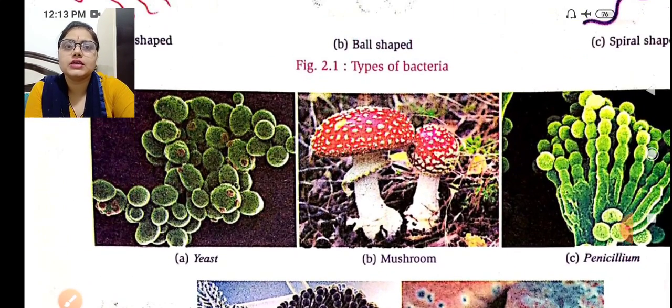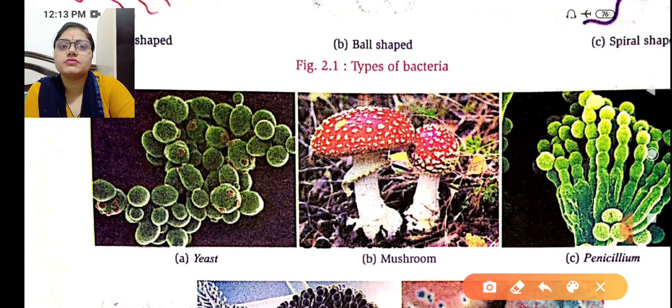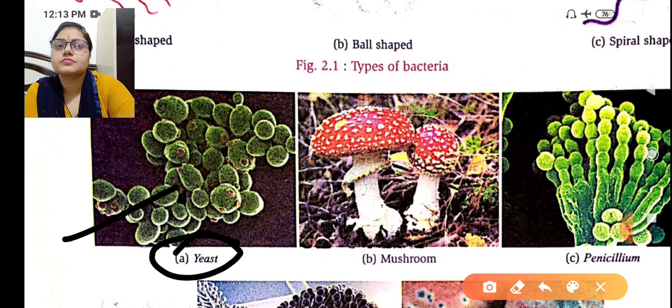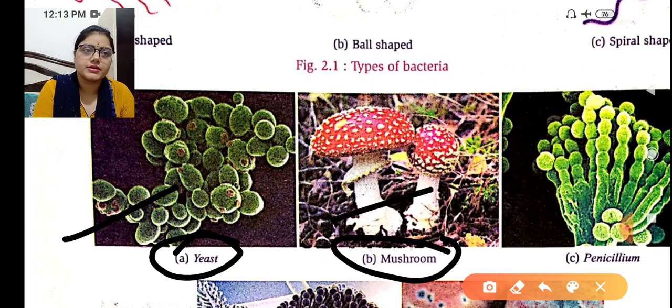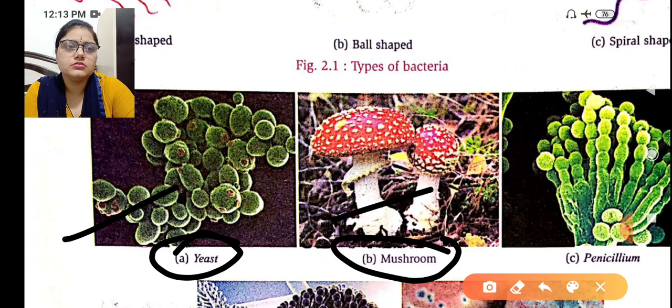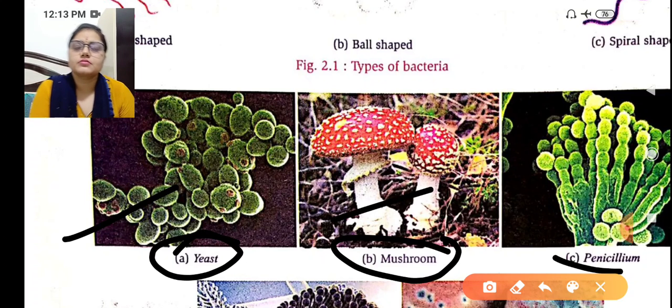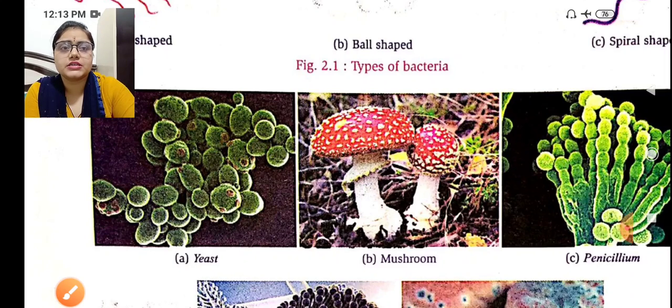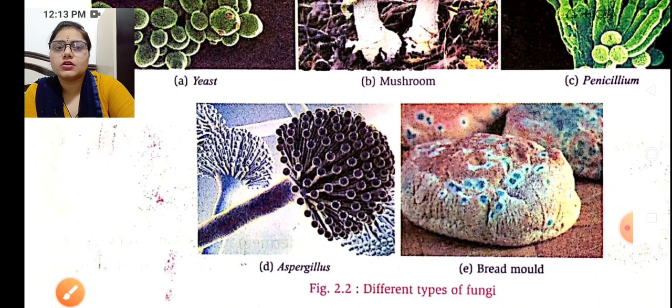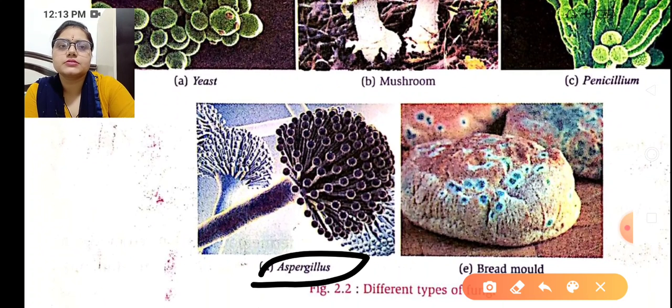Here you can see yeast; this is the structure of yeast. And this is a mushroom, you know the mushroom. And this is penicillium. These are all structures of these fungi. The fourth one is aspergillus, and here is the bread mold.